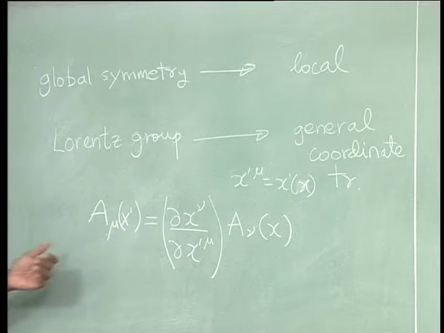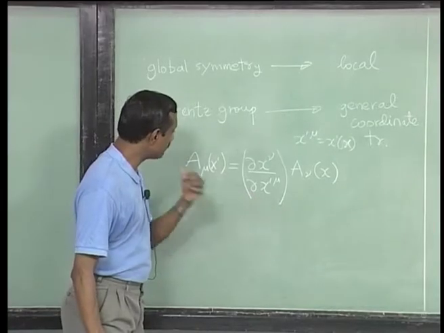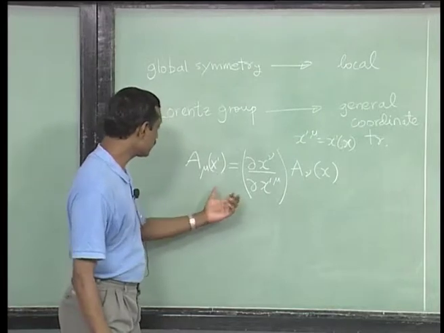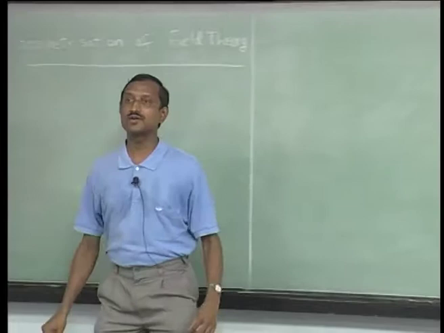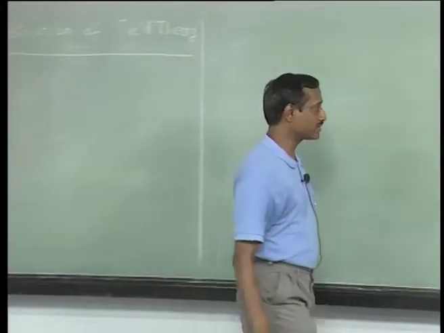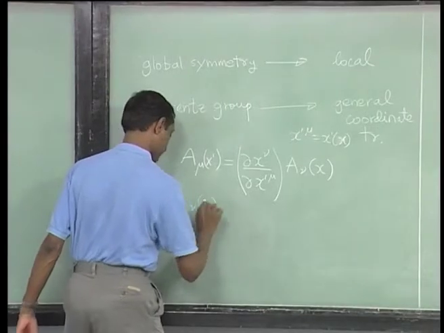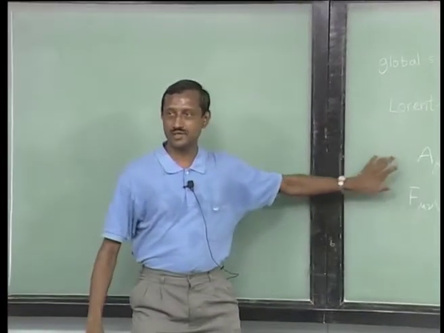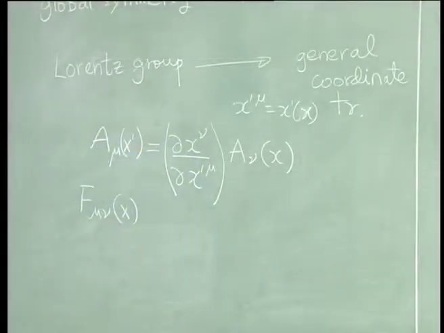And obviously you can ask what happens if I take a derivative of this, how does it transform? Does it transform nicely? A fun exercise is to ask how f mu nu transforms. Given this transformation, you take a derivative, so you work out f prime mu nu, does it transform nicely, okay.